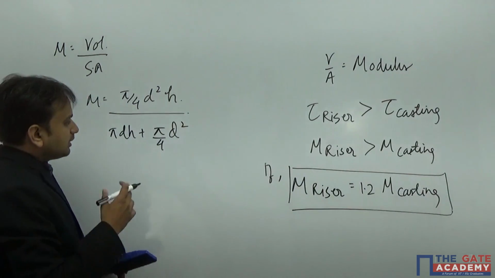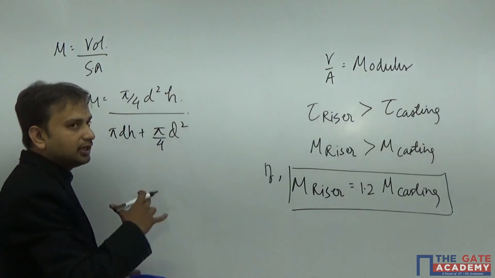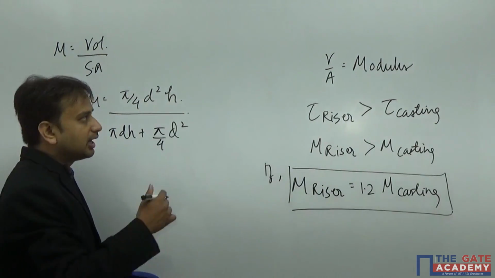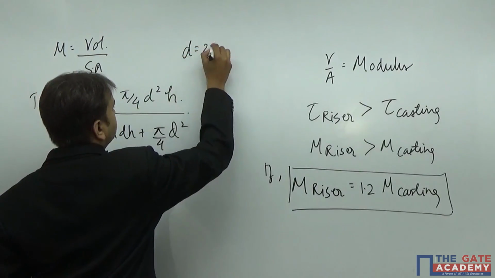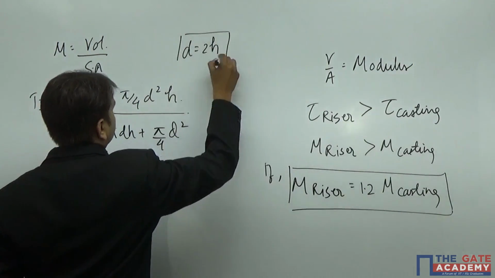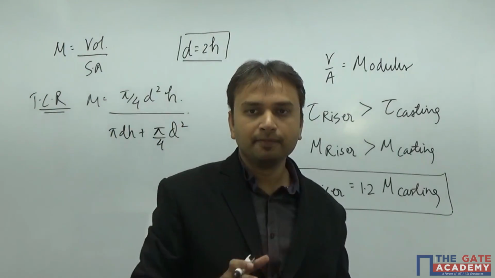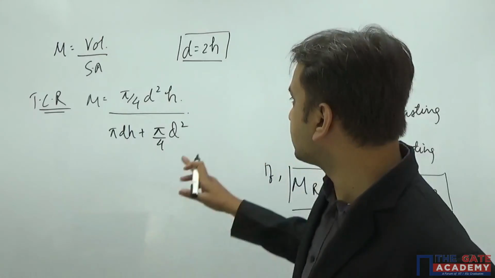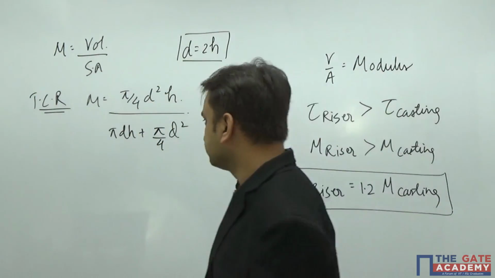Now, sir, also we got to know that there was a relationship between diameter and height for top cylindrical riser, and what was that? It was d equal to 2h. Okay, fine. If so, that means if I have to minimize the surface area for top cylindrical riser, this condition has to be satisfied. Diameter should be equal to twice its height.